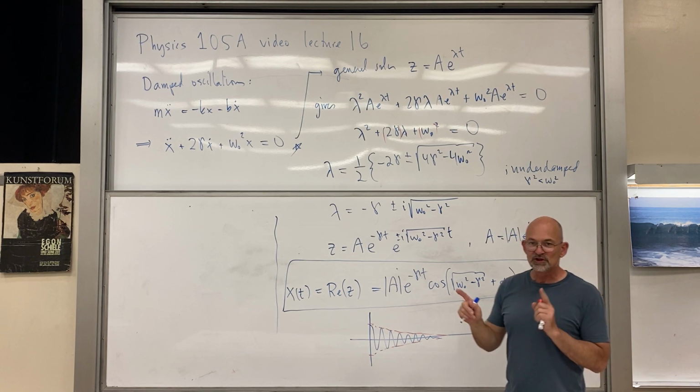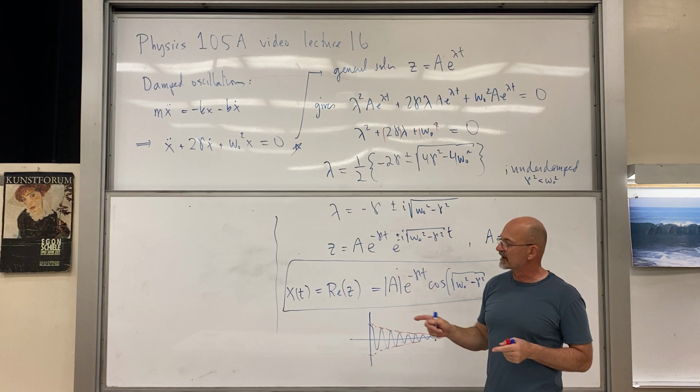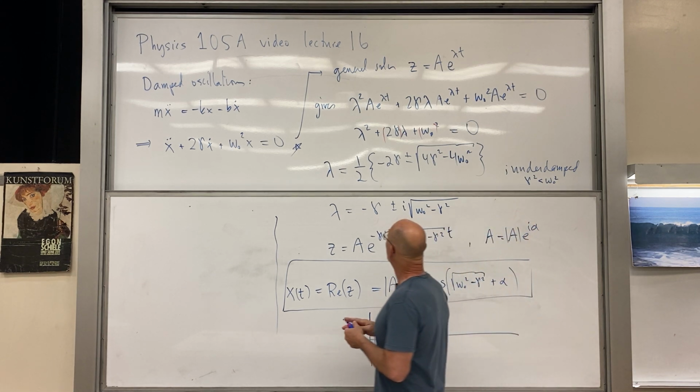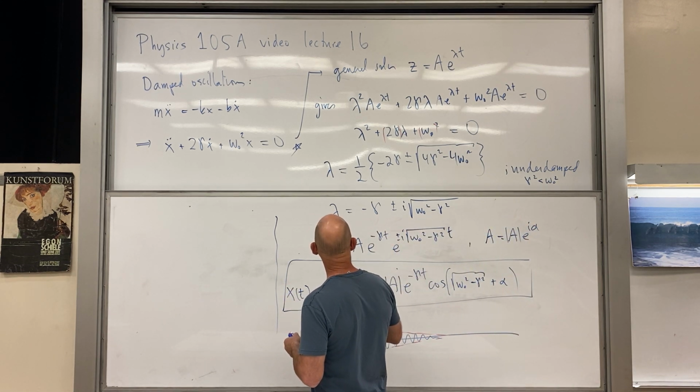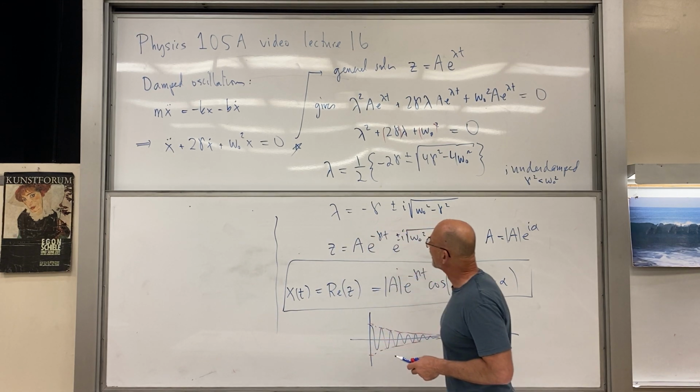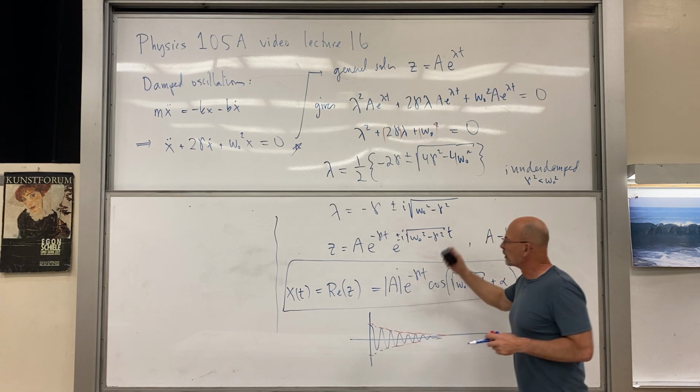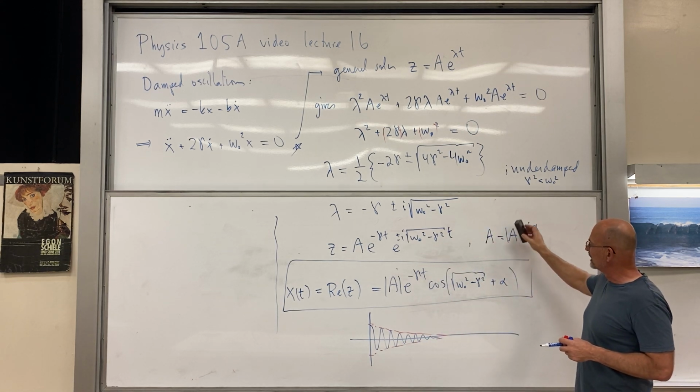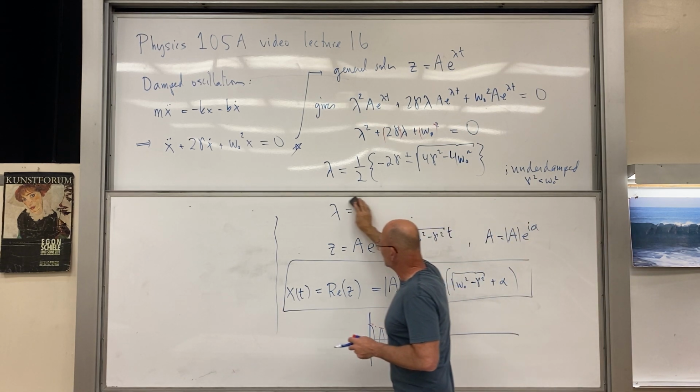Remember, we had the energy of the harmonic oscillator, which was constant. So I'm going to leave the equation of motion up there because we're going to use it. So I'll erase this and talk about the energy of damped oscillations.